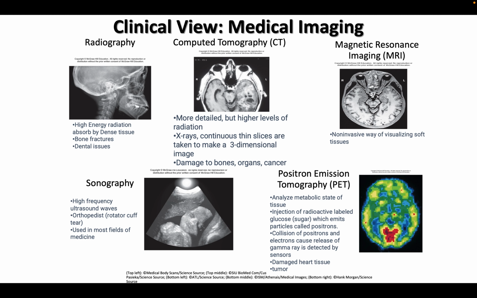In this case, this looks like an image of a brain. You see this area in red has taken up that tracer with the glucose, and it is highly metabolically active. So this likely indicates that this is some type of lesion, potentially some type of cancerous tumor that we see in the brain.